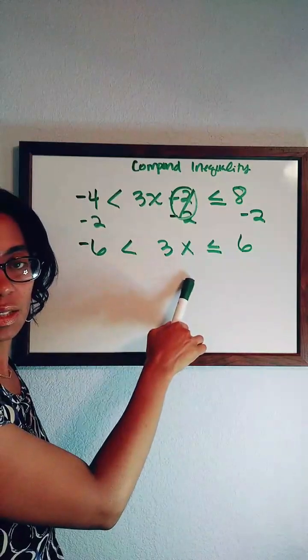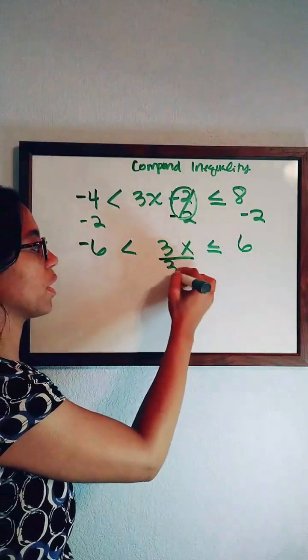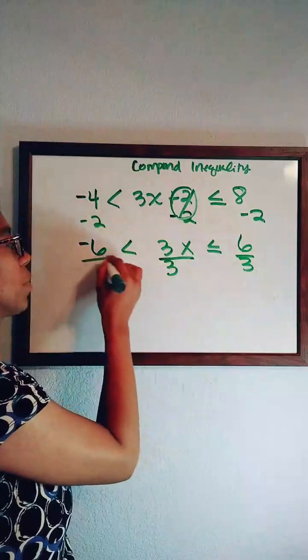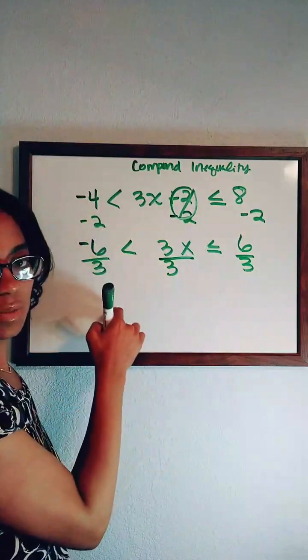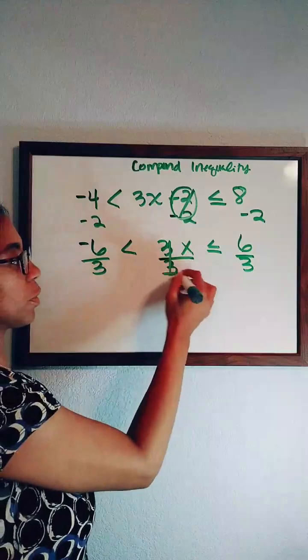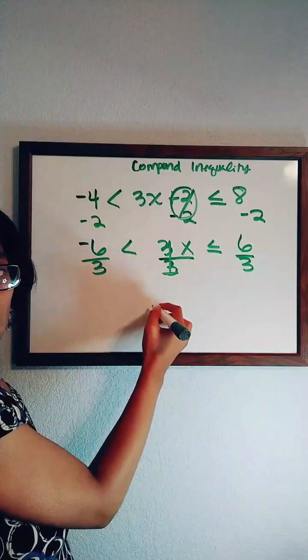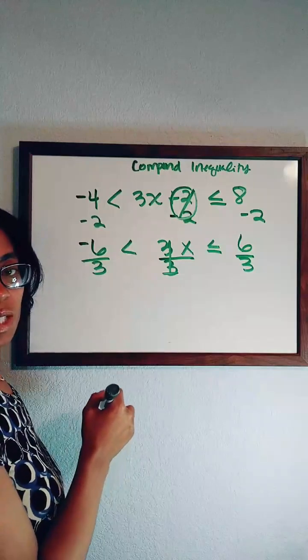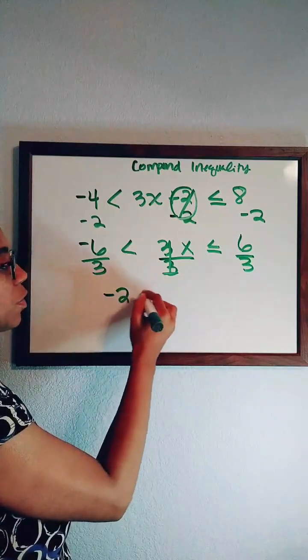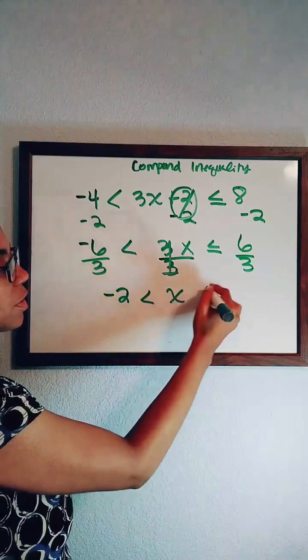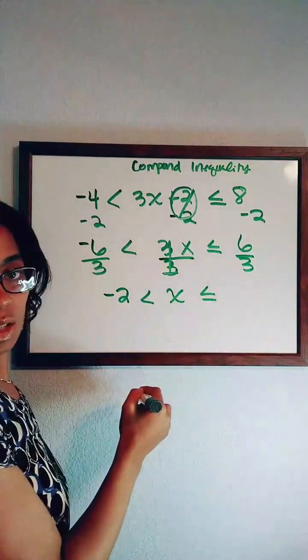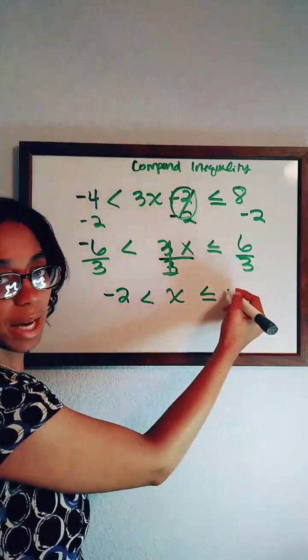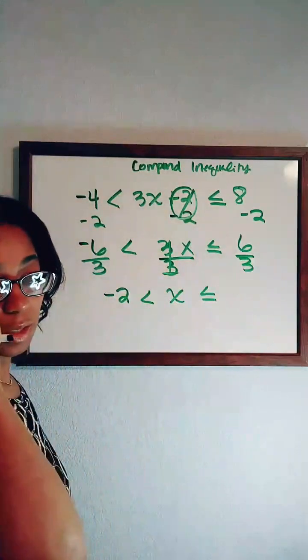Divide by 3. Perfect. Everything gets a division by 3. -6 divided by 3 is -2, which is less than x, which is less than or equal to 6 divided by 3, which is 2.